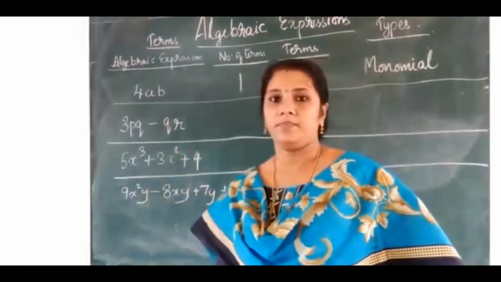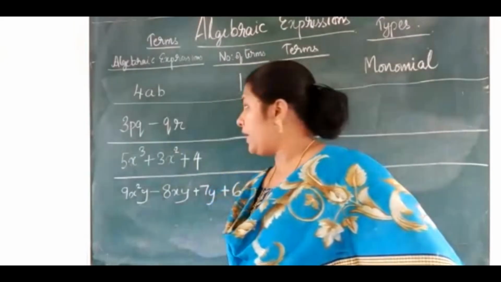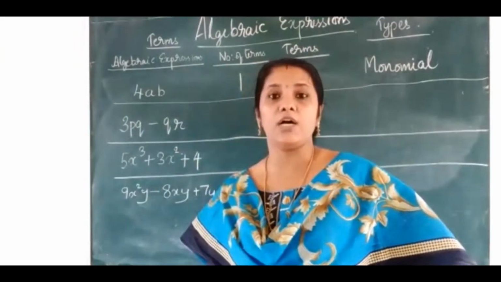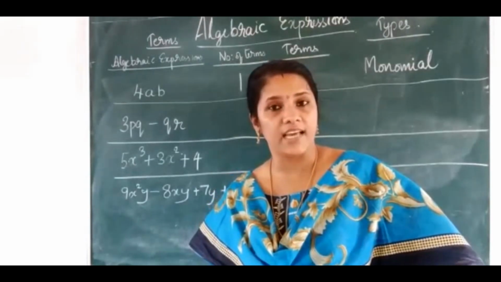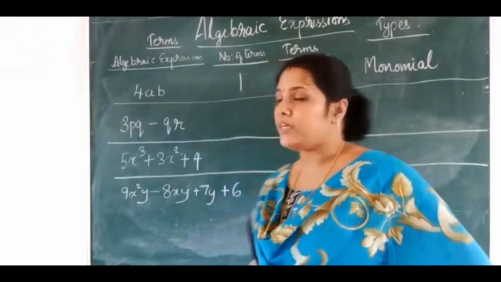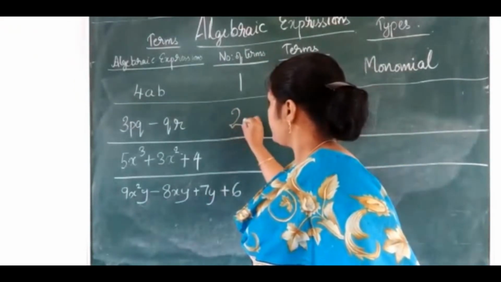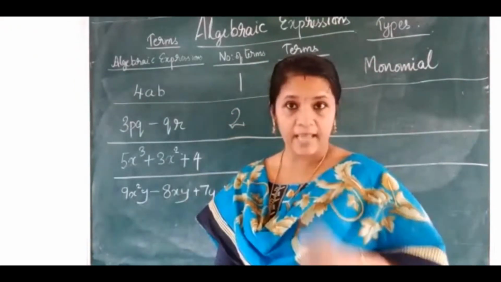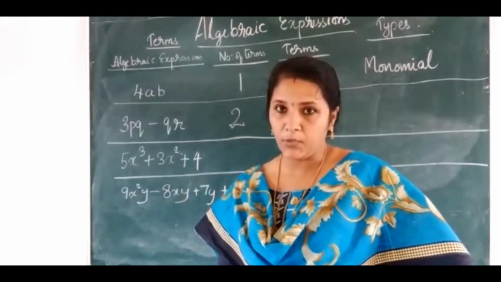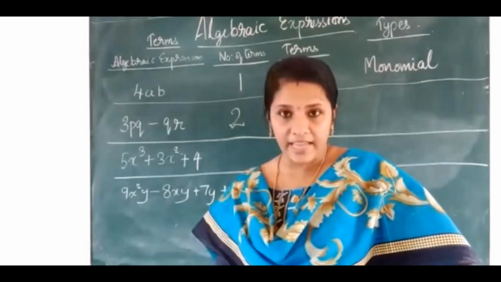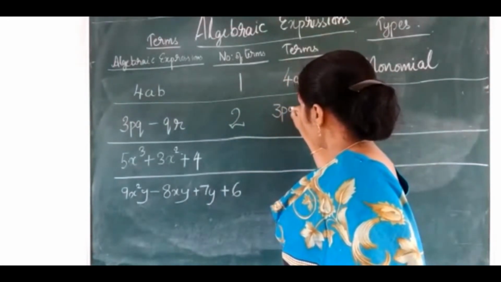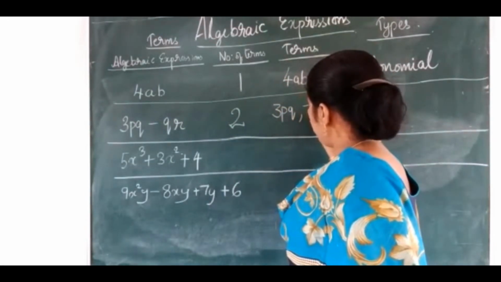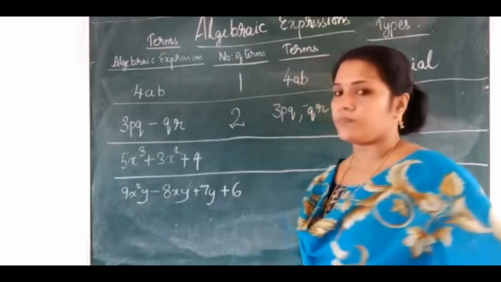The second one, 3PQ minus QR. How many terms are there? Yes, 2 terms are there. What are they? 3PQ and negative QR.